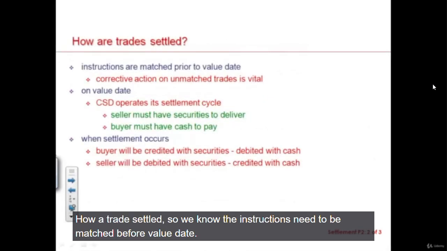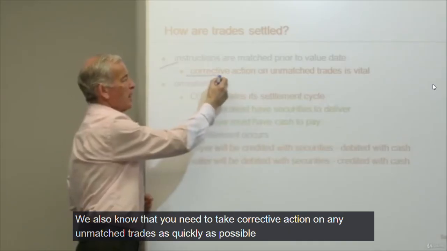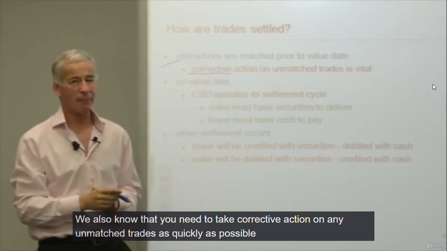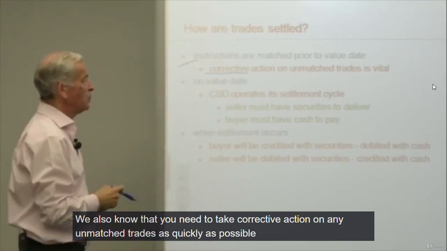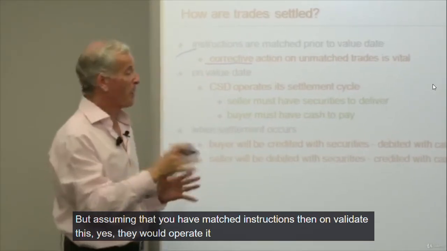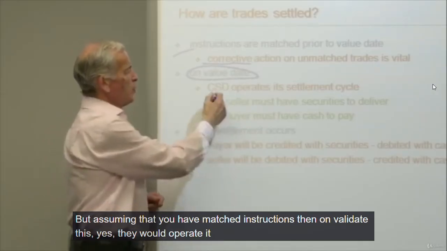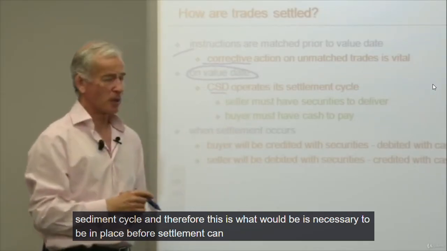How are trades settled? So we know that instructions need to be matched before value date. We also know that you need to take corrective action on any unmatched trades as quickly as possible prior to value date. Then, assuming that you have matched instructions, on value date the CSD would operate its settlement cycle.